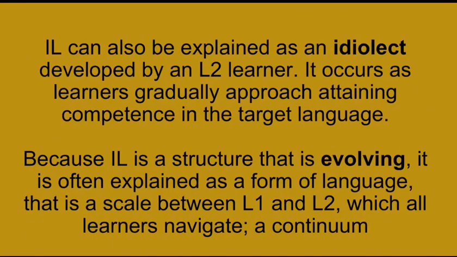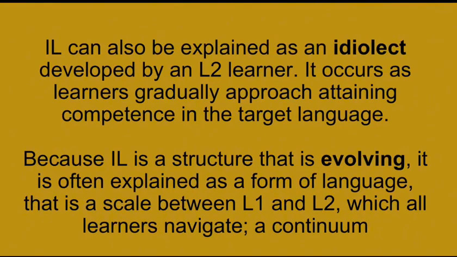It occurs as learners gradually approach attaining competence in the target language. So it's evolving. That's why we say that interlanguage is a continuum, a range, it's evolving, it sprouts, continuous sprouting, budding, and growing towards the target language.